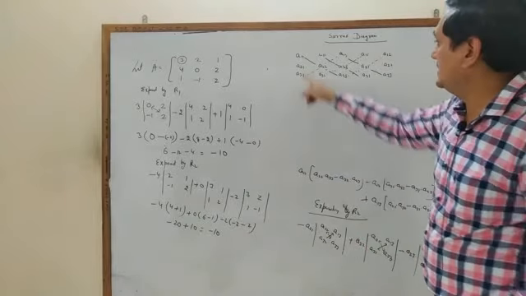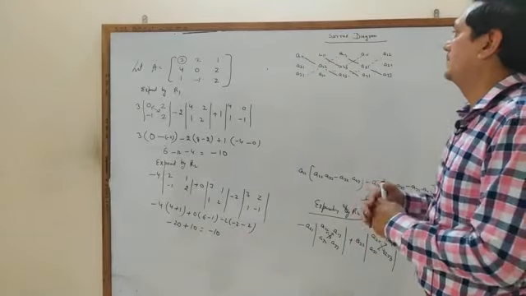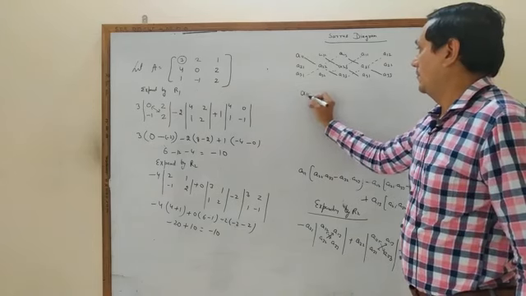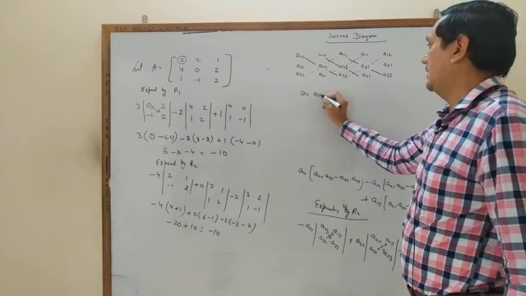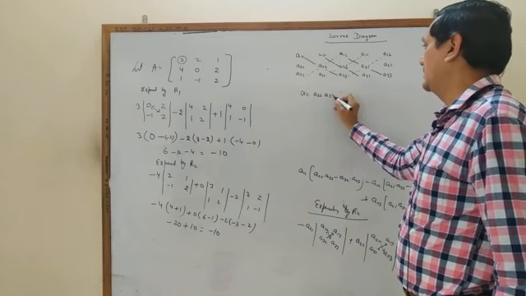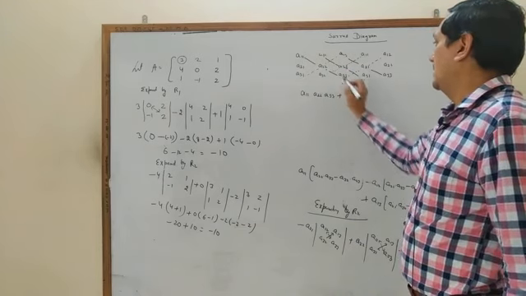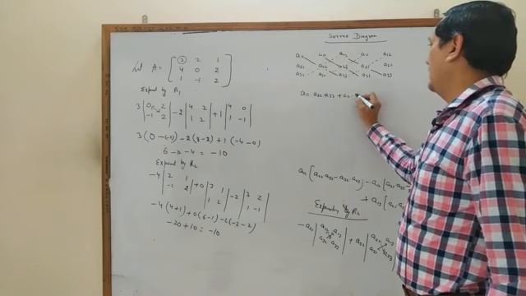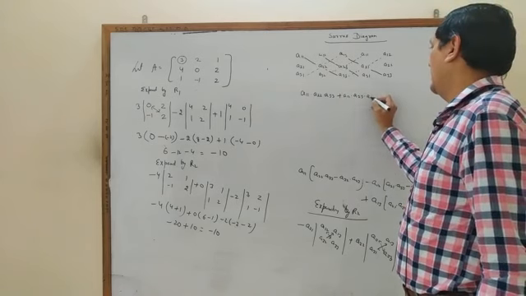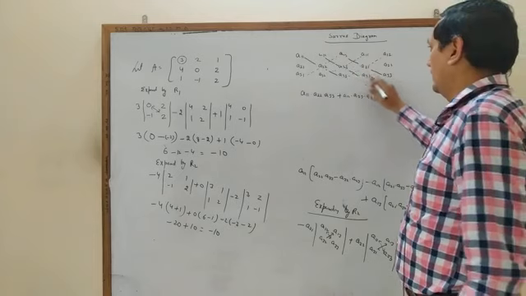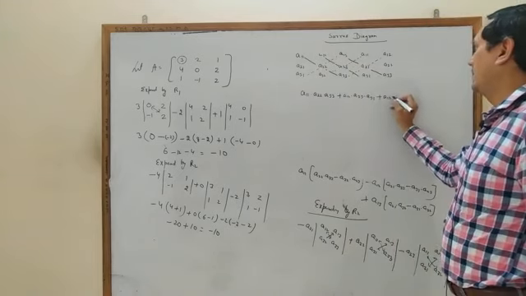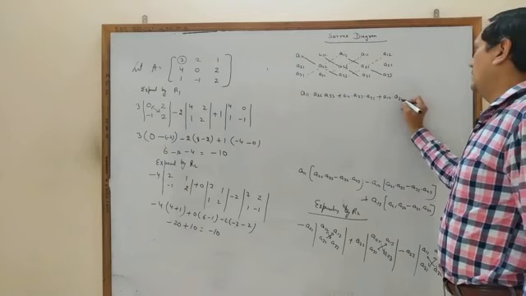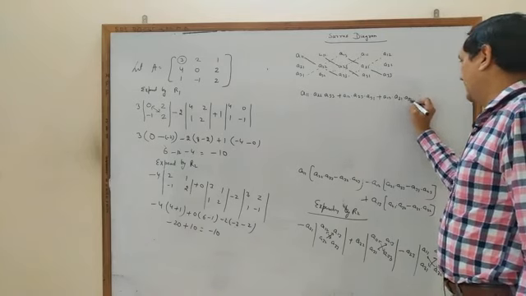Now multiply these three elements which come into a line. A11 multiply by A22 multiply by A33 plus A12 multiply by A23 multiply by A31, like that, plus A13 multiply by A21 multiply by A33.